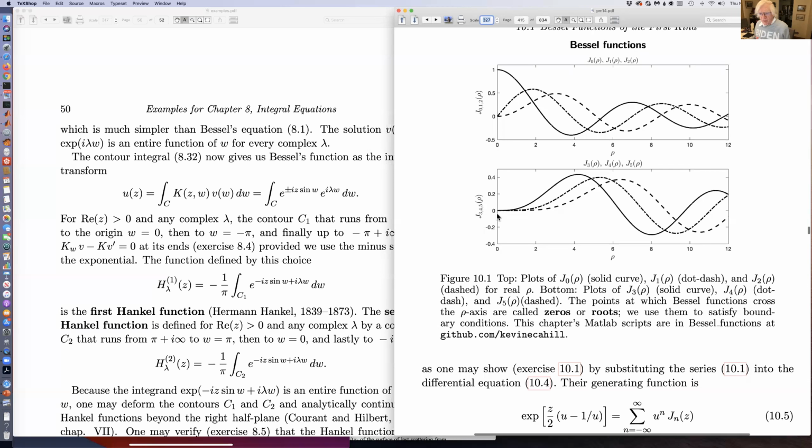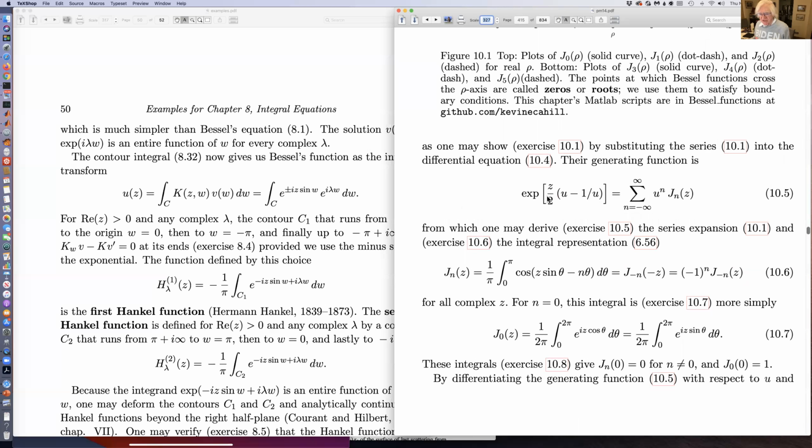The generating function for these Bessel functions is this magic equation here. I think this is rather a magical equation. I find all these generating functions to be rather magical equations.